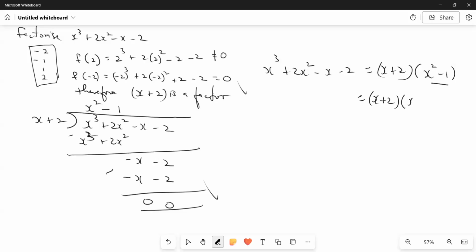What will it be? x plus 1, x minus 1. So you fully factorize the thing there. Of course, if you had tried minus 1 and 1, both would give 0. So you didn't have to do this long division here.